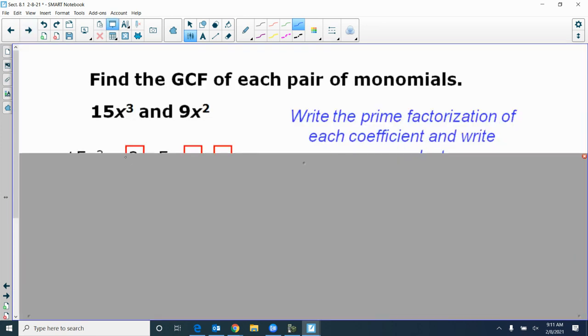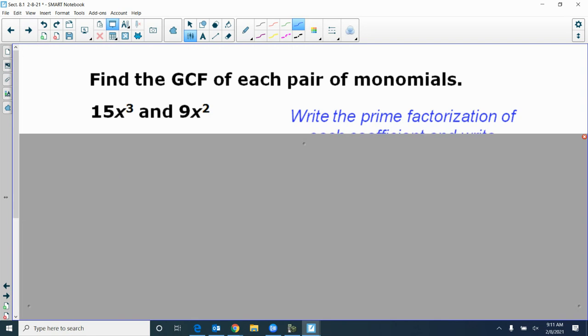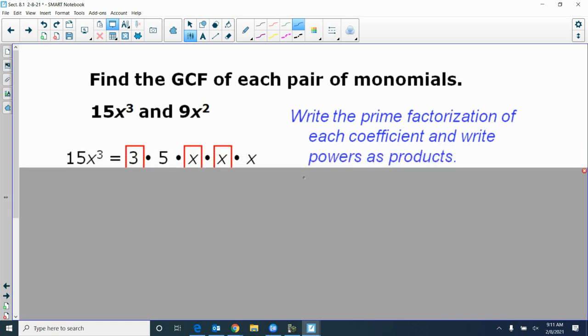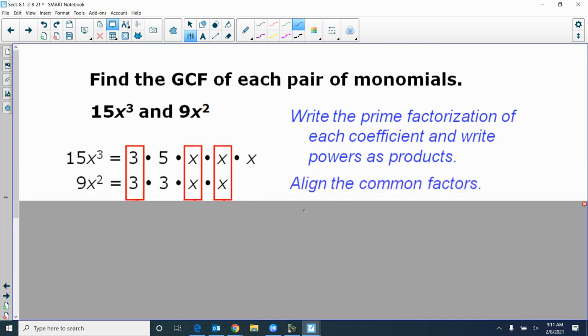We're going to throw some variables at you. Don't make this complicated. Basically, we want to know what they have in common. Just pay attention to this one. 15, you want to do the factor tree on 15, but it's just 3 times 5. X cubed is x times x times x, 3 x's. 9 is 3 times 3, and you've got 2 x's.